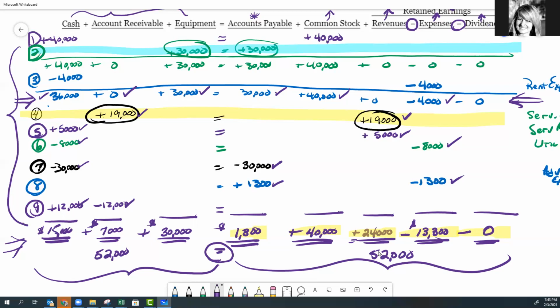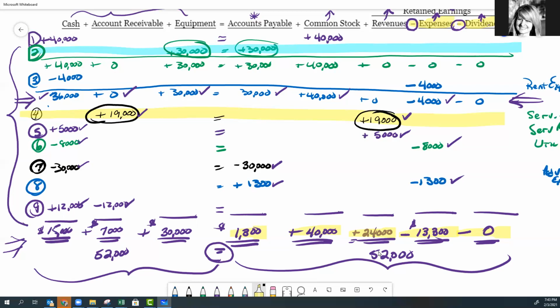And the same thing with our liabilities and our stockholders' equity accounts. And remember, be very, very careful, because we want to pay attention to expenses and dividends. They are different. When they go up, they make owner's equity go down. So we want to pay attention to that.